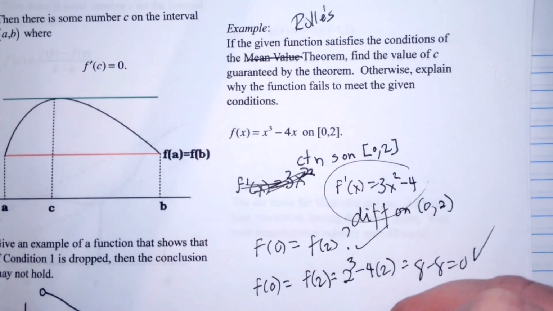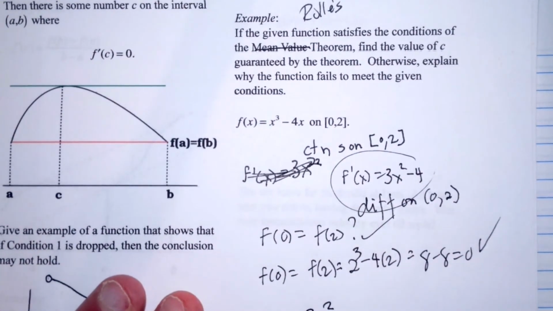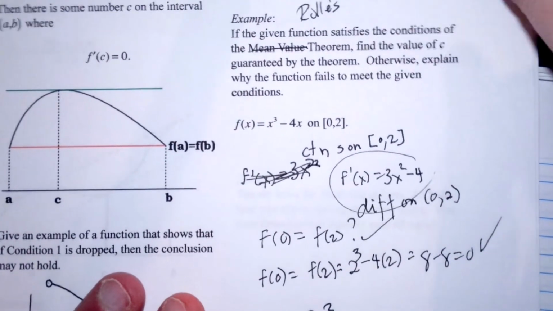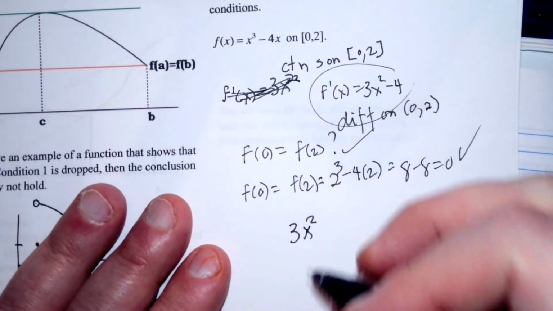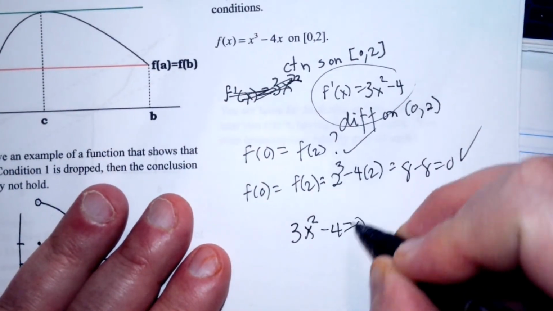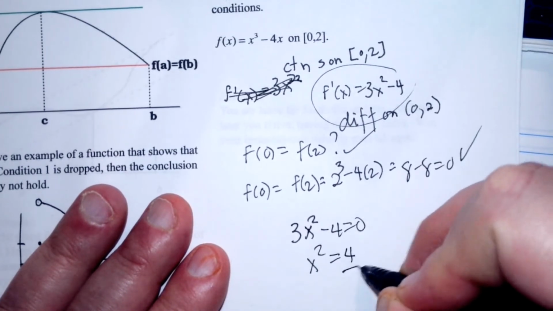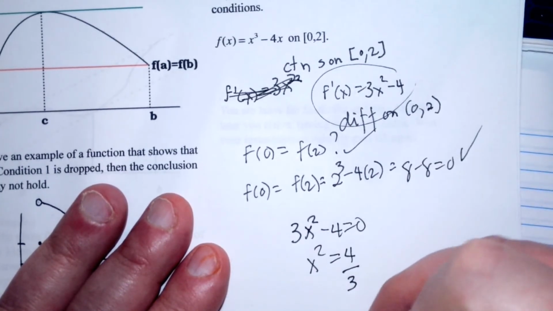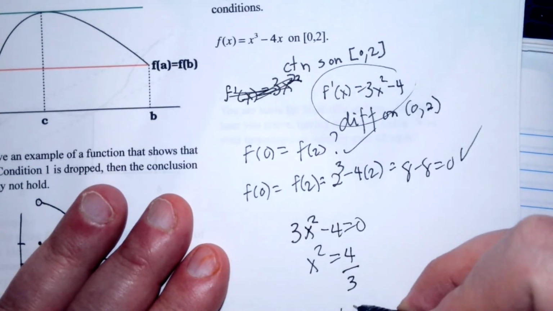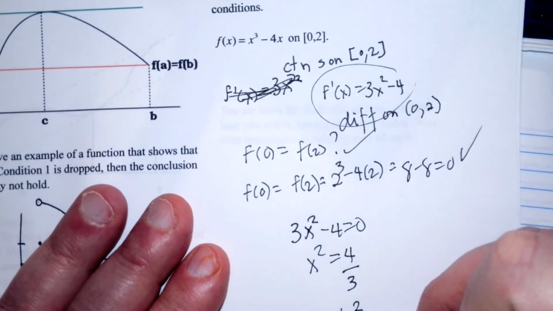And so we just set that equal to 0 and solve. Pull the 4 over, divide by 3. x is plus or minus 2 over the square root of 3.